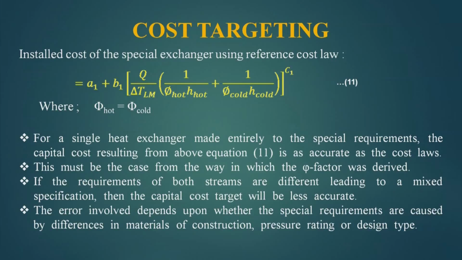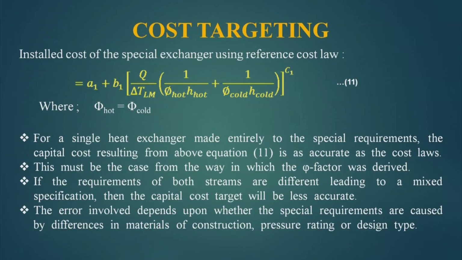For a single heat exchanger made entirely to the special requirements, the capital cost resulting from the above equation 11 is as accurate as the cost law itself. This must be the case from the way in which the Q phi factor was derived.